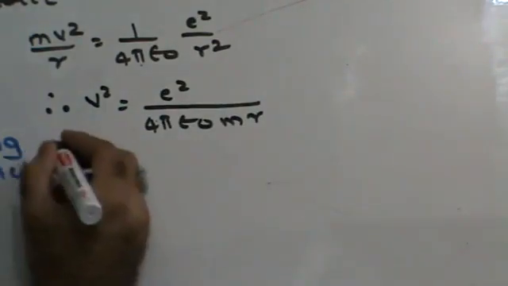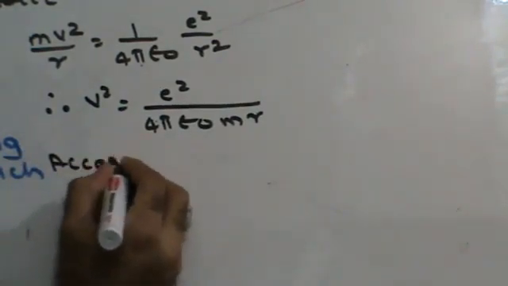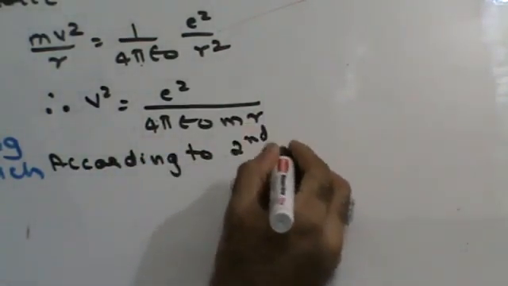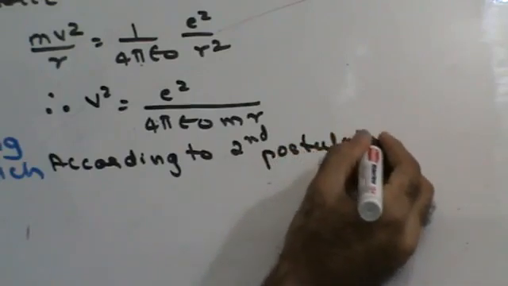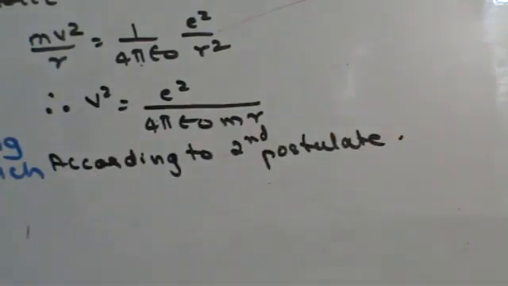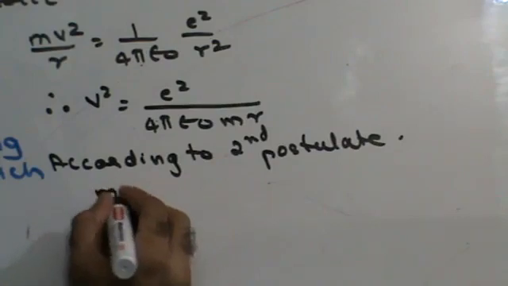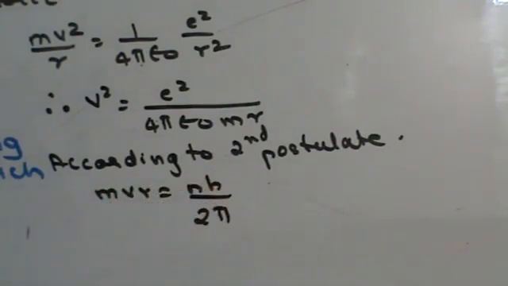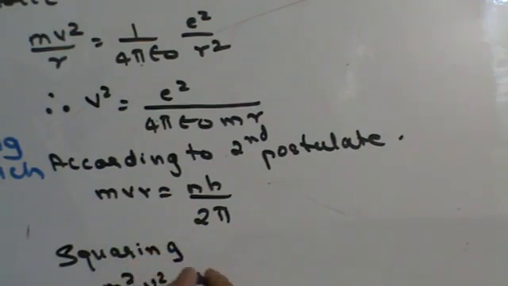Now, according to second postulate, I can say that mvr is nh by 2 pi. Therefore, I could say that if I square both the sides, I'll get m square v square r square is n square h square by 4 pi square.